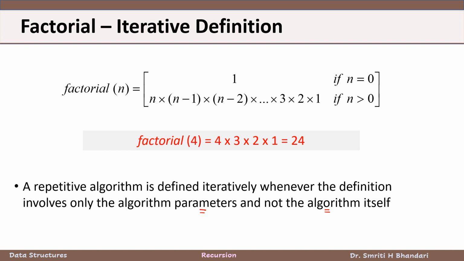So here, what is the parameter? n is the parameter. That parameter appears in the definition, but the algorithm itself is not present in the definition. So factorial of 4 can be computed as 4 into 3 into 2 into 1, and the result is 24.